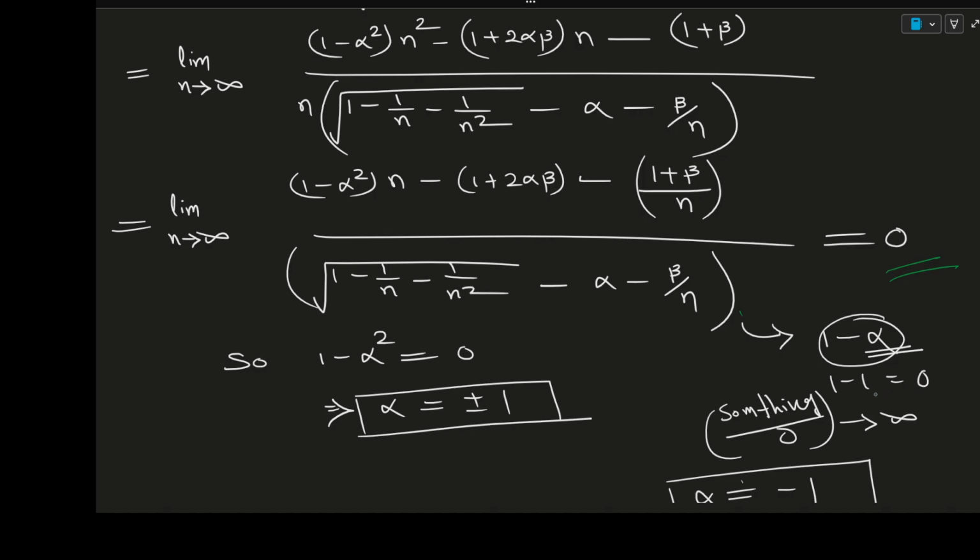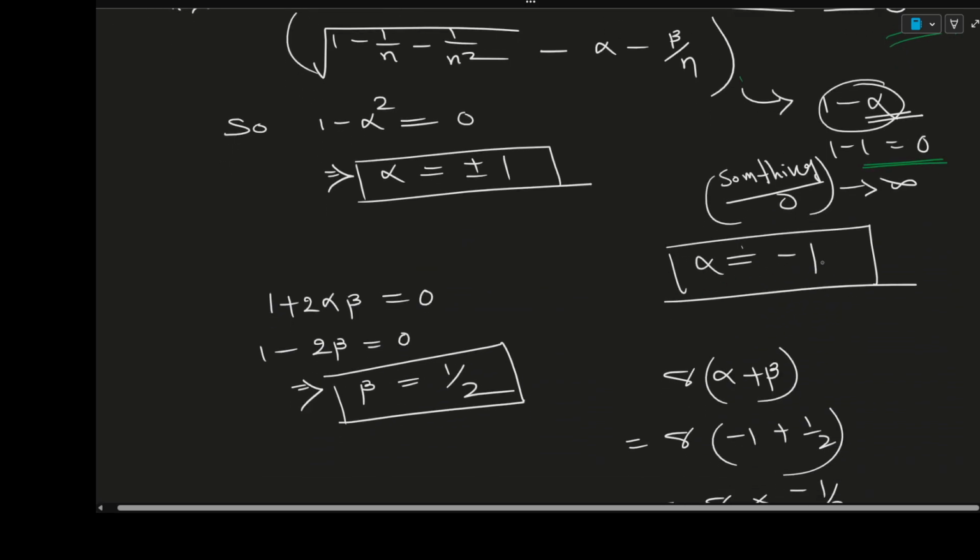So in order to make this 0, the denominator has to be a non-zero value, and the value of the numerator function has to be 0 here. 1 plus 2 alpha beta has to be 0, and the denominator has to be a non-zero value.